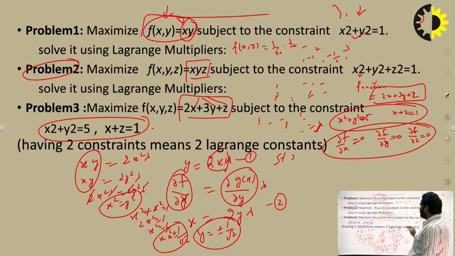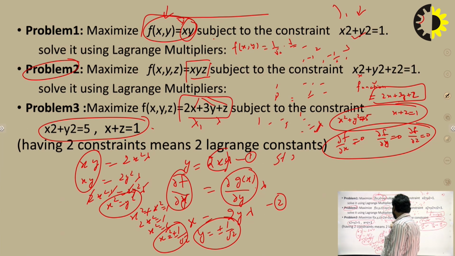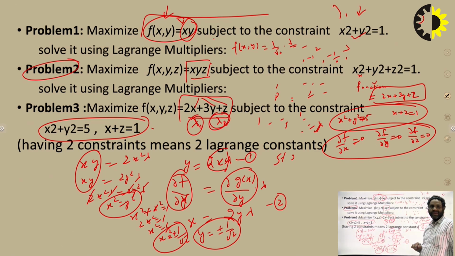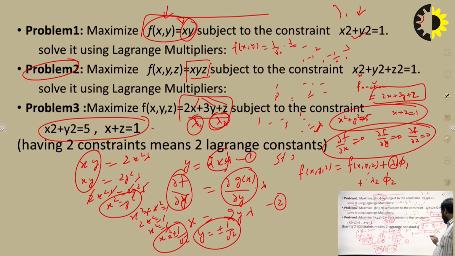Now, since it has two different constraints, we have two Lagrange multiplier constants, that is lambda 1 and lambda 2. So as a solution we have F(x, y, z) equal to f(x, y, z) plus lambda 1 phi 1 plus lambda 2 phi 2. I am using here lambda 1 and lambda 2.